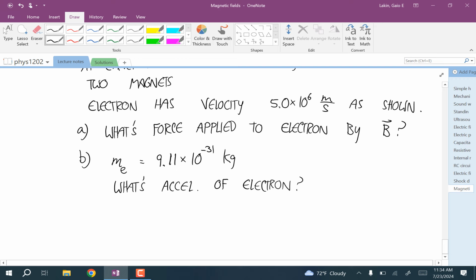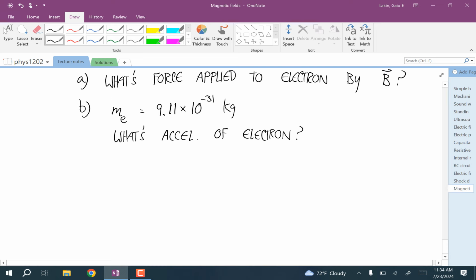Well, before we get into the calculation, an electron has mass, which means that gravity does affect it. But the gravitational force is so tiny because of the small mass compared to the effect of the magnetic field that we're just going to ignore the gravity. Okay, so here is what it looks like.